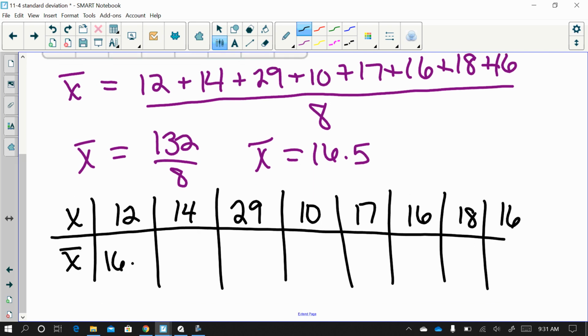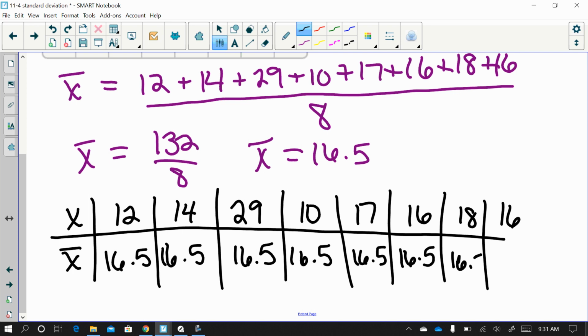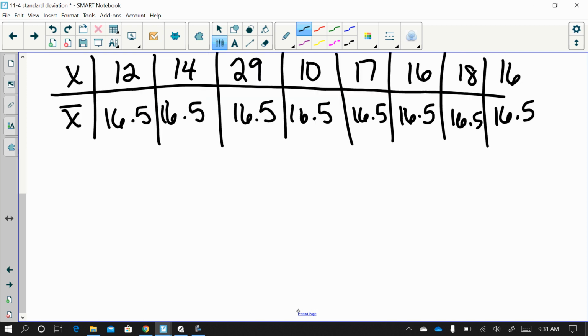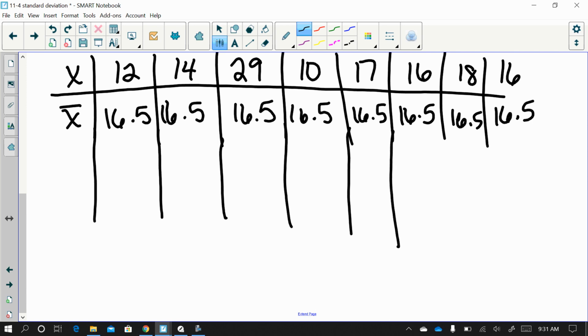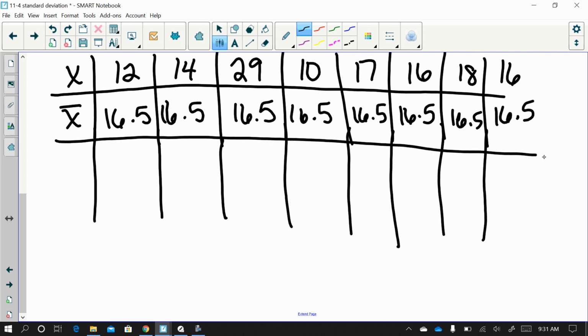I like to just fill it all the way out. Okay, now I want to do x minus x bar.